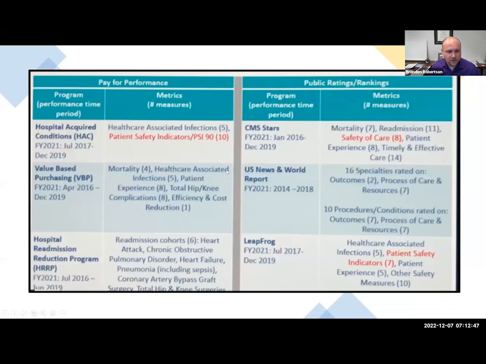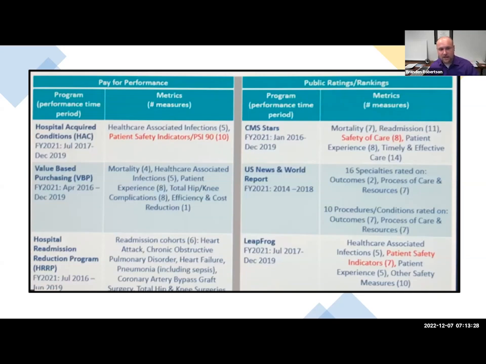You really don't need to pay attention to the details on this slide, but it indicates that there are several of these structural programs that provide either input or comparison for healthcare institutions, as well as publicly reported data to our patients and our communities. Some of those are CMS programs, like value-based purchasing and the hospital readmission program. Leapfrog is a big one, as are U.S. News and World Report and CMS stars. Every one of them is looking at different metrics and numbers, and the performance periods differ.